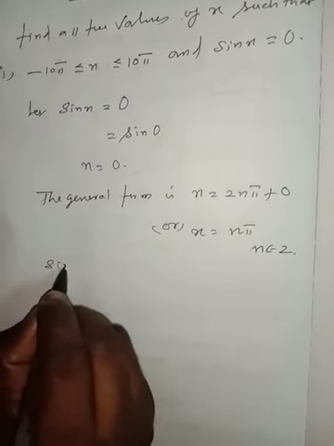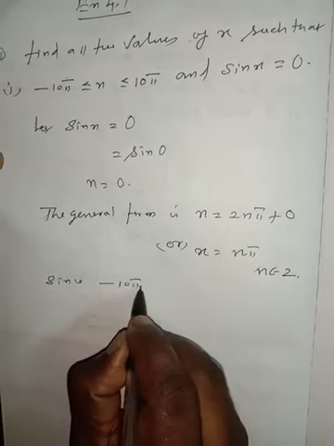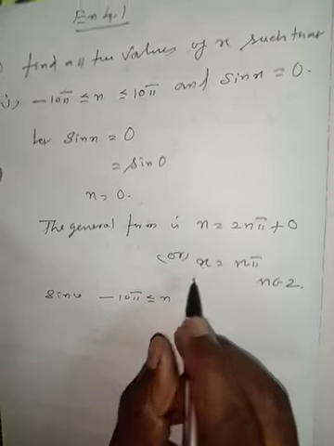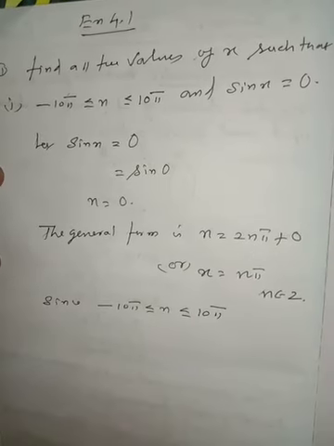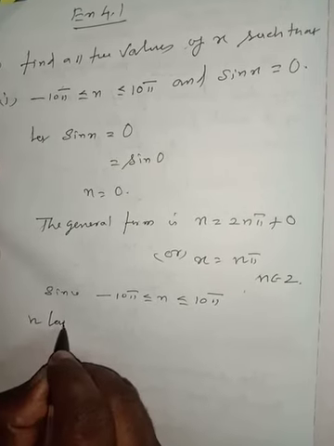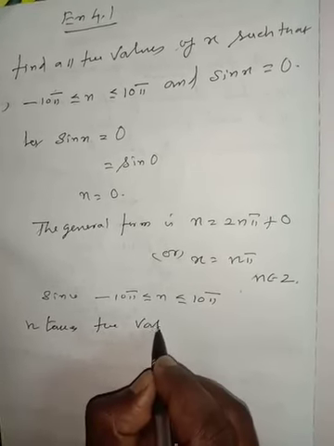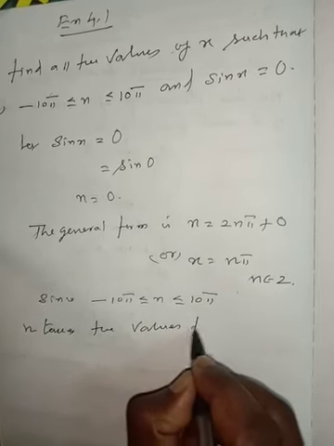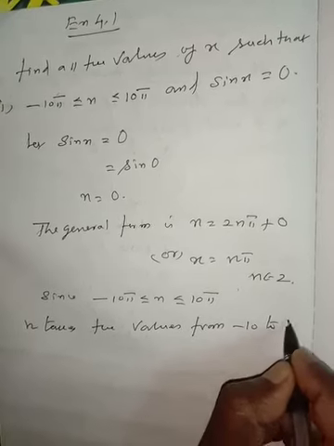Since minus 10 pi is less than or equal to x, less than or equal to 10 pi, n takes the values from minus 10 to plus 10.